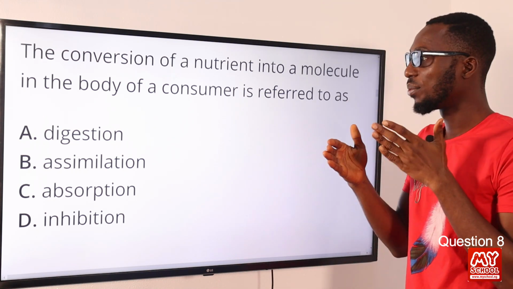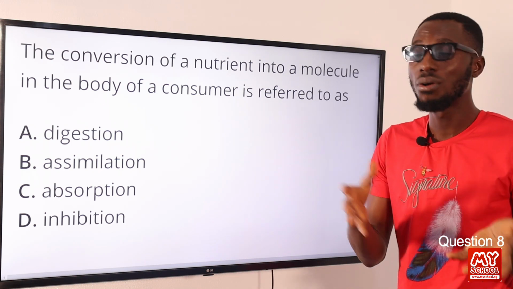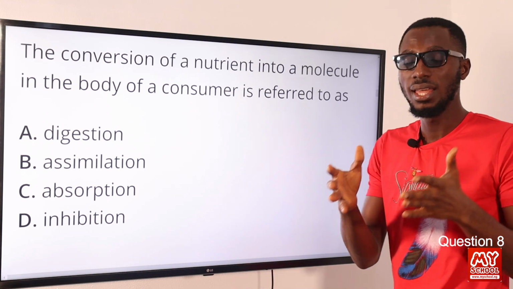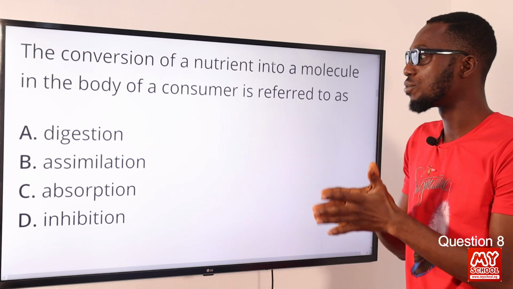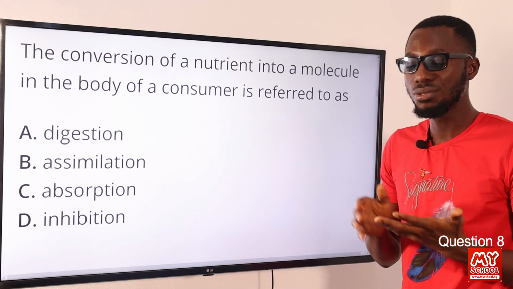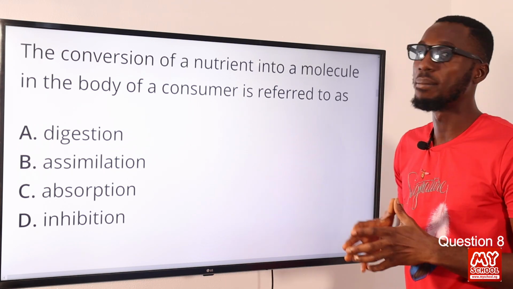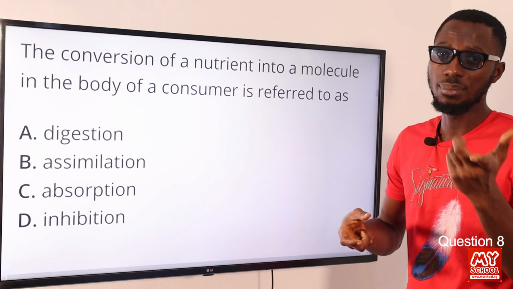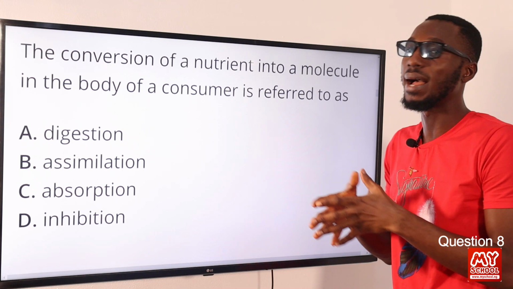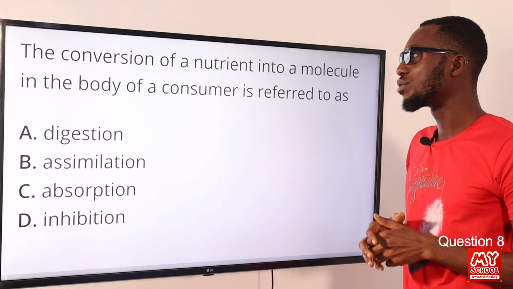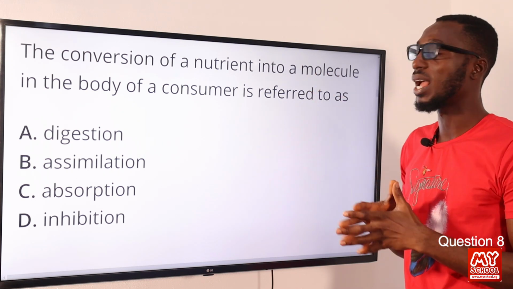Then digestion, either by chemical means or by mechanical means or both, breaks this food substance down into soluble, diffusible, and simple form that can be absorbed into the fluid for transportation to where it can be assimilated into the cells of the tissues where these molecules can be used.